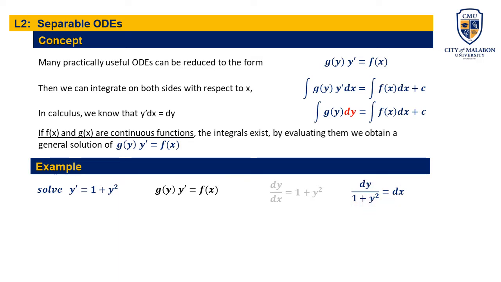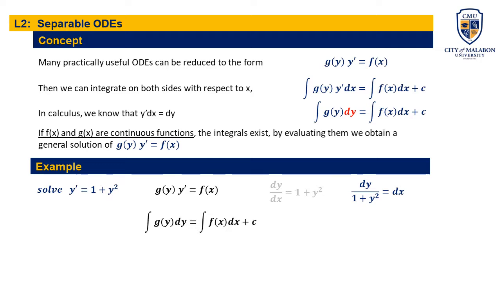Okay, so our differential equation is now written in the form that can be integrated on both sides. Okay, so next, what we'll do is to integrate. Once we have written our ODE into the form, we can now integrate both sides.